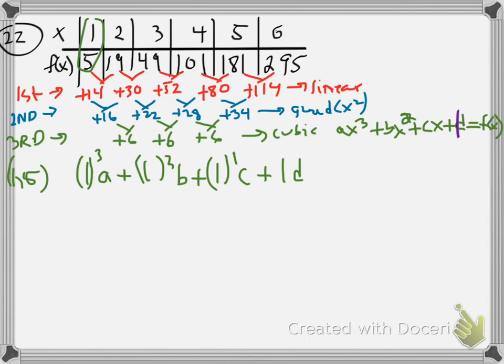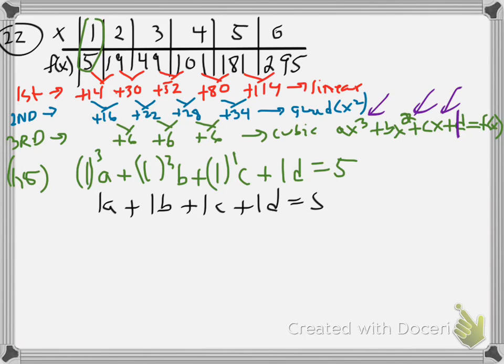Okay, so I plugged 1 into each of these x's. Okay, and the output is 5. And so that equation is really 1a plus 1b plus 1c plus 1d equals 5.